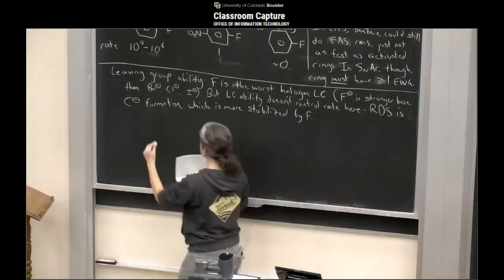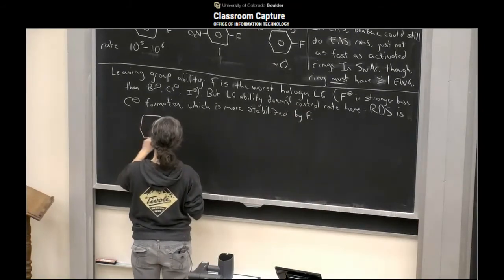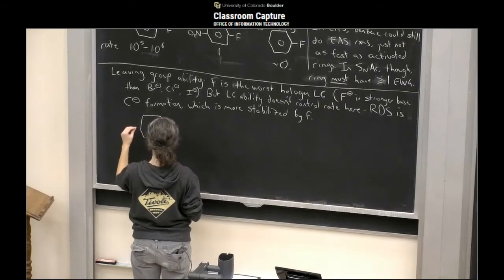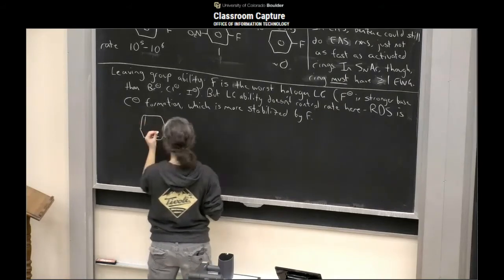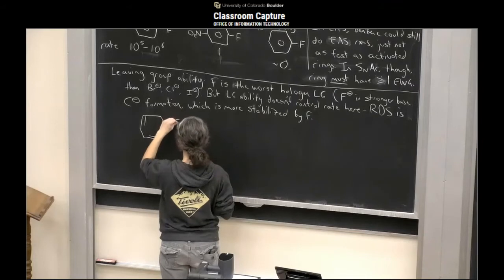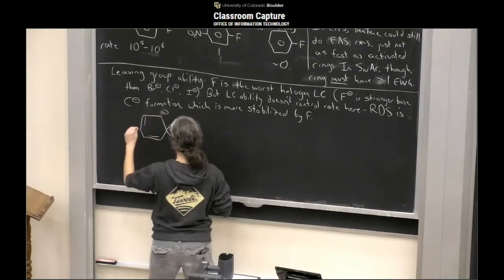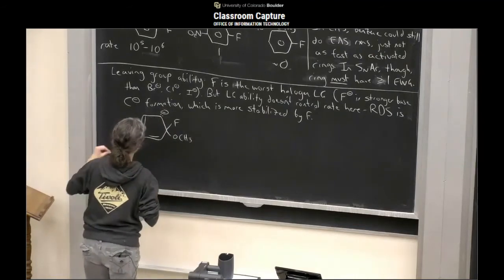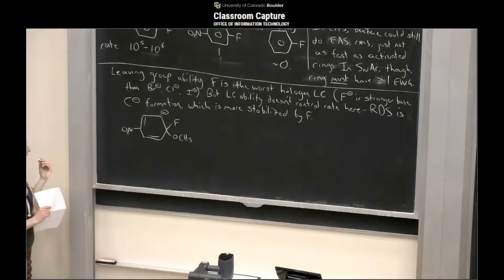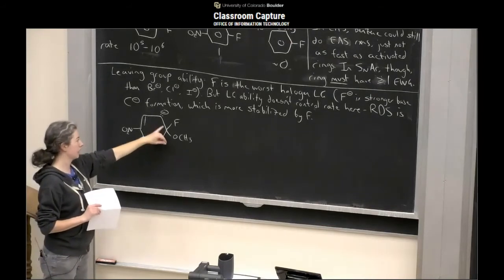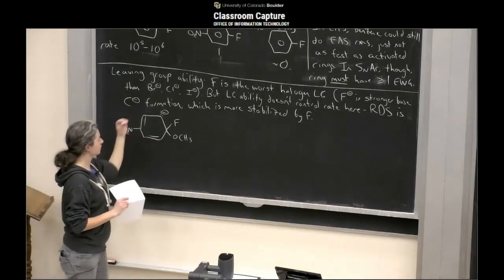So to draw that up here, all right. So I'm not going to draw the first step of the mechanism, but let's say we're skipping ahead a little bit and going to the part where we've already gone to the second step of the mechanism. We have the nucleophile added on here. We have a negative charge.